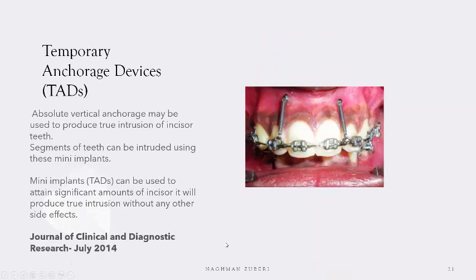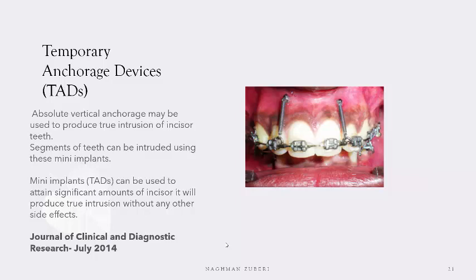Again, I have taken this picture from the Journal of Clinical and Diagnostic Research, published in July 2014, just to give you the idea about absolute vertical anchorage. Absolute anchorage is possible only in two ways.